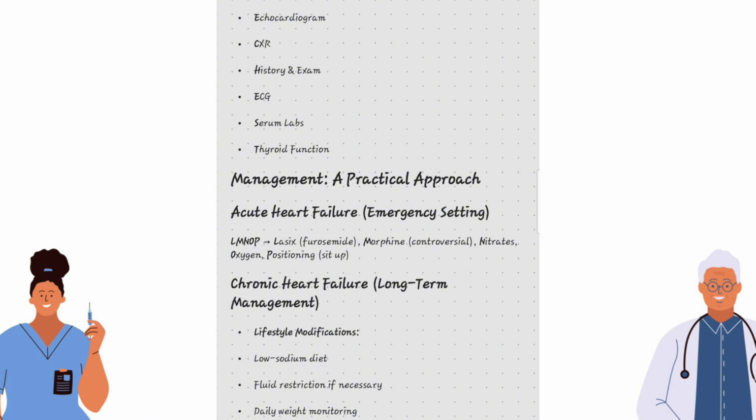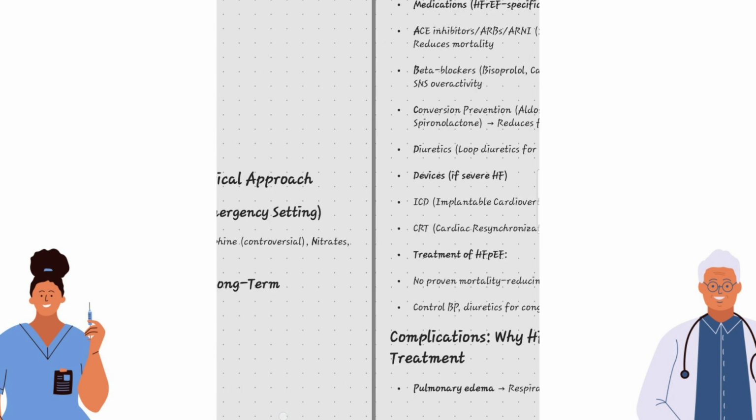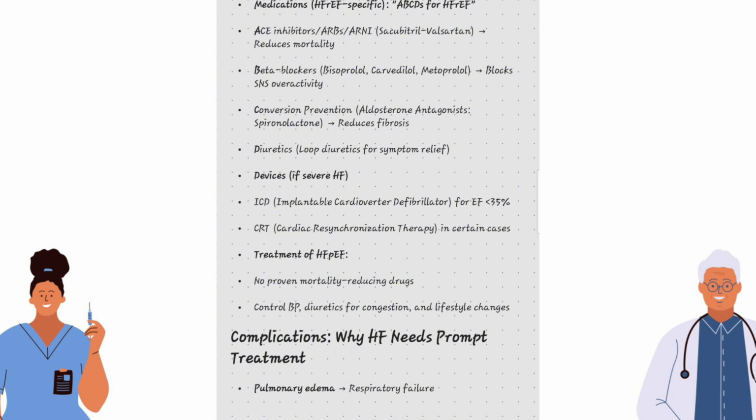Now, in chronic heart failure, you have to look at it as long-term management. So that is basically the ABCD approach. First of all, your lifestyle is going to be very important: low sodium diet, fluid restriction, etc. But the main thing is ACE inhibitors, or ARBs like valsartan, to reduce mortality. You also have to use your beta blockers. You also have to use your conversion prevention, that's basically your aldosterone antagonist, your spironolactone.